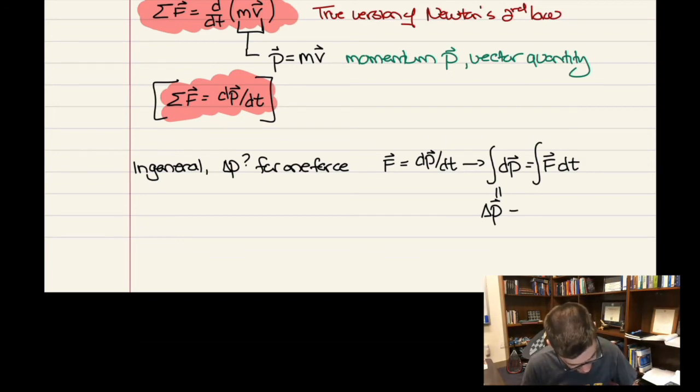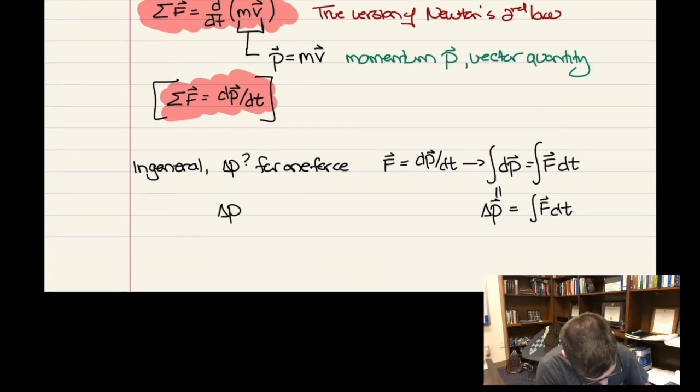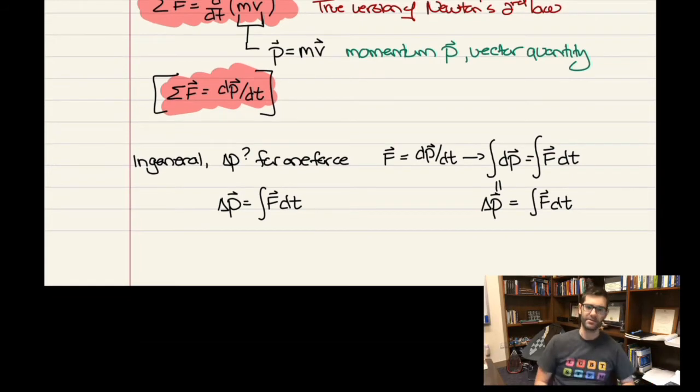And that is equal to an integral of the force over some amount of time. I'm going to rewrite it over here. How does momentum change? Well, all you have to do is give me a force, and I'll integrate over time, and I will tell you the overall final minus initial change in the momentum of that object.